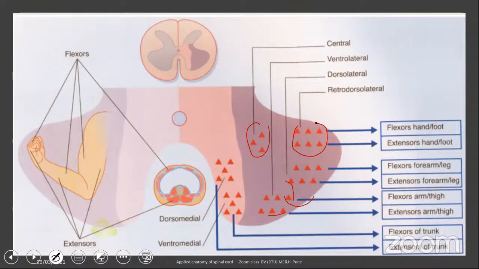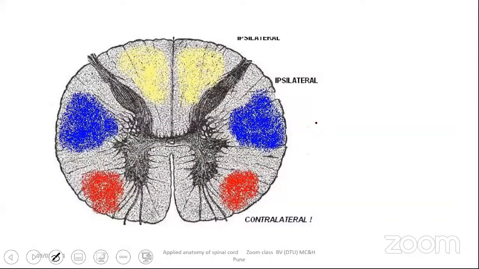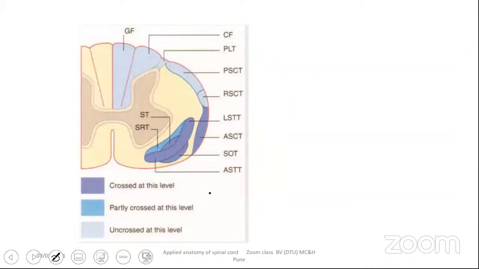So this is the distribution of the anterior horn cells, which is misplaced here, because this diagram is already showing the tracts. This is the ipsilateral corticospinal tract, and this is the contralateral spinothalamic tract, which we'll discuss more. The fasciculus gracilis and cuneatus, and the crossed, partly crossed and uncrossed levels are depicted, and these are the tracts we are going to discuss next.